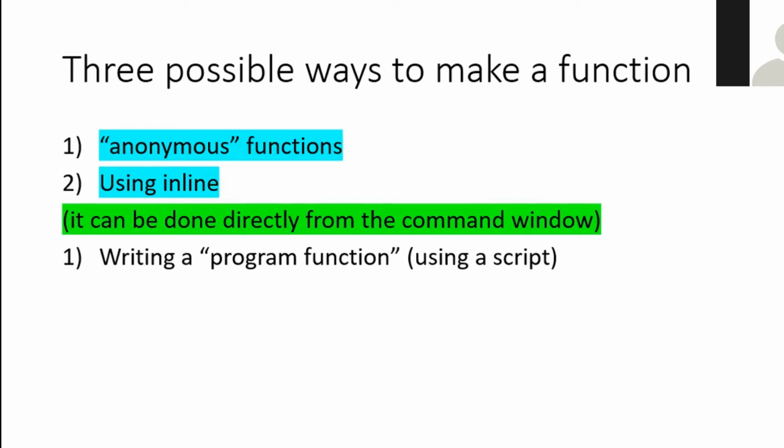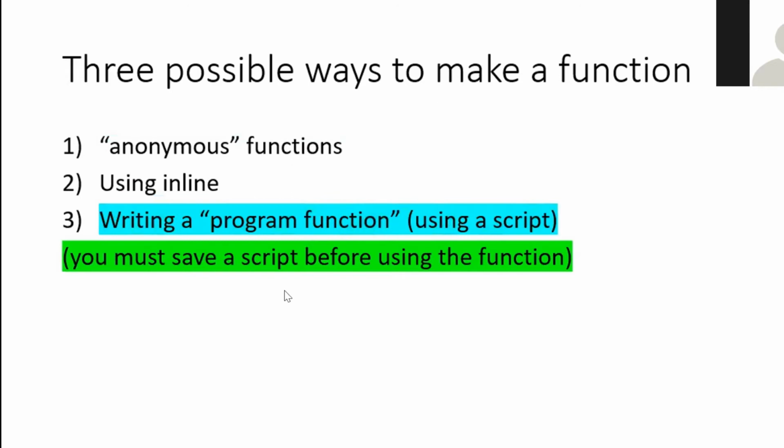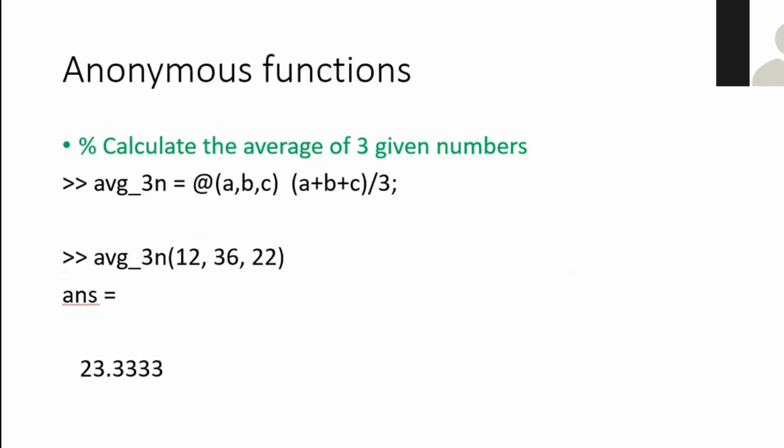One difference is that anonymous functions and the use of inline can be done directly from the command window. But if you decide to write your own program function, then you have to use a script, and it must be done before using the function.